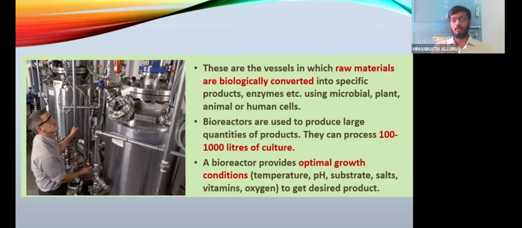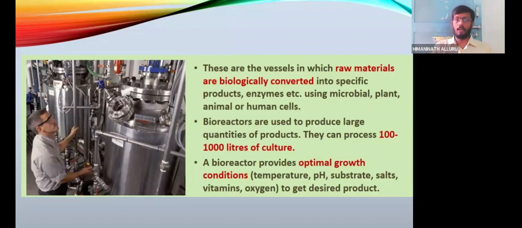The same microorganism at 22 degrees Celsius will yield some amount of product. At 24 degrees Celsius, it may yield much more product. At 26 degrees Celsius, the product yield will be reduced. So the children must understand the minimum, the optimum, and the maximum of the various conditions required for the microorganism.